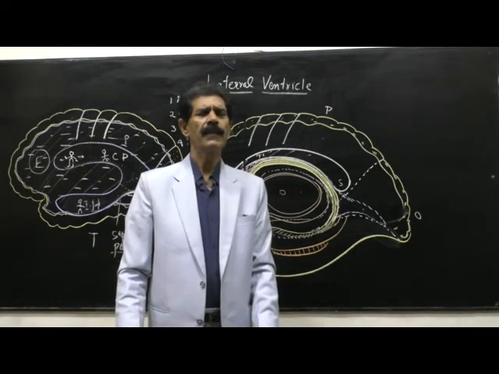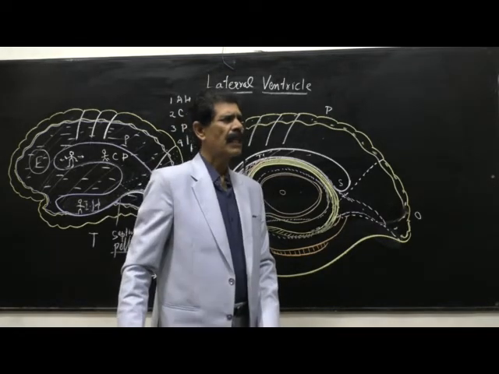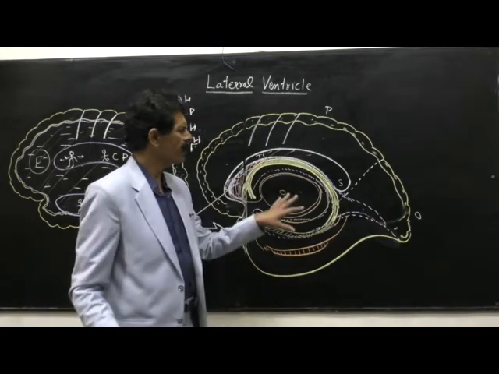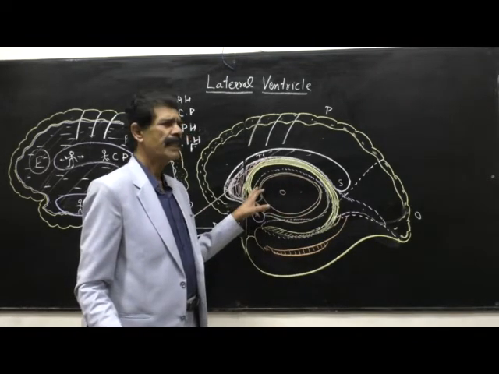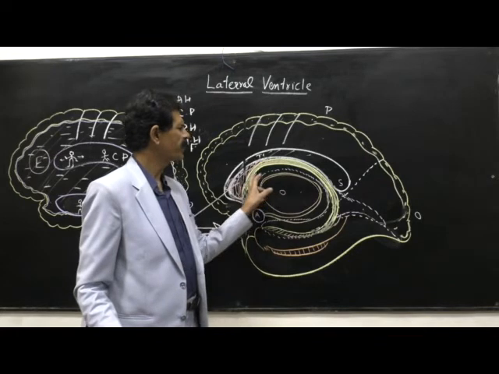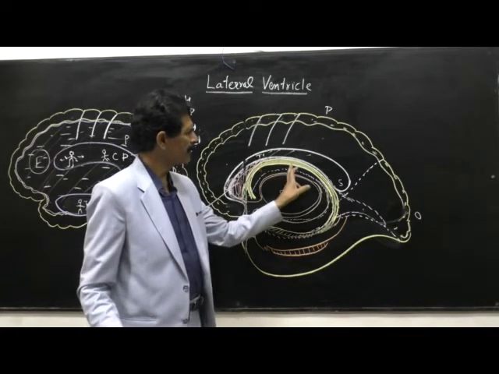So this is the basics. Another thing you have to understand on the medial surface is that I have told you already that there is a gap between the thalamus and the fornix, and this gap is also C-shaped.